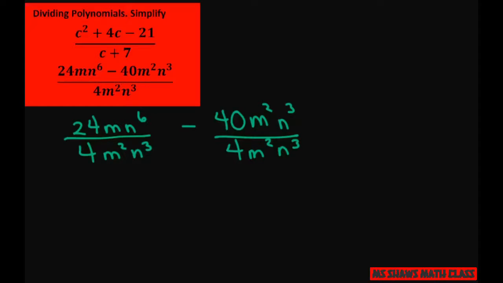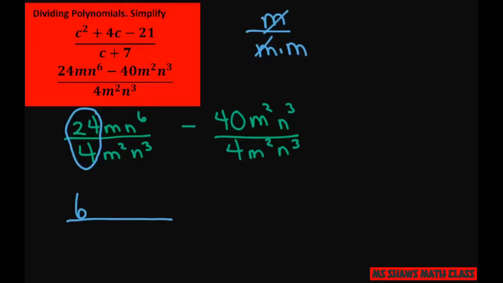All right, so for the first part, you divide your coefficients. That's 6. Then we have m divided by m squared. So that cancels out, and we just have m in the denominator. Or you could say m to the 1 minus 2 if you use your law of exponents, which gives you m to the negative 1, which equals 1 divided by m.